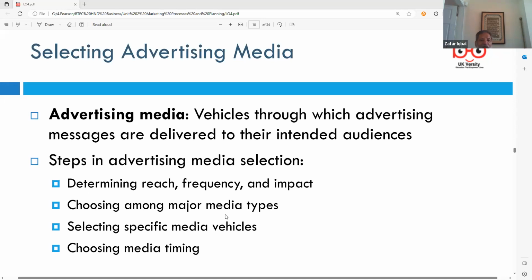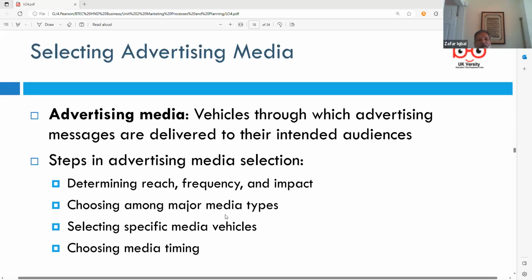We must determine who we are reaching, who our customers are, when we are going to advertise, how many times we are going to advertise, the frequency in other words, and the impact of this advertising media. Okay, so you need to select media, making sure that you are reaching the right people at the right time, i.e. target marketing.